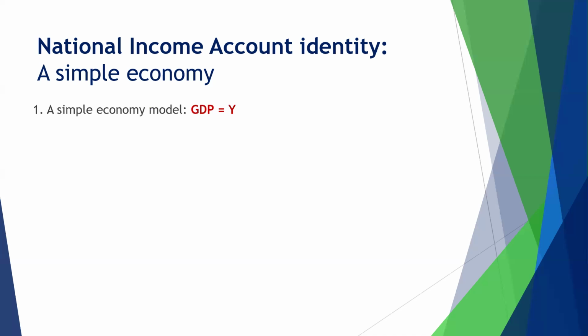First, we again assume the simple economy model wherein our gross domestic product is equivalent to income or the output. Here we denote the value of output in our simple economy. When we say simple economy, there's no government nor foreign trade sectors.